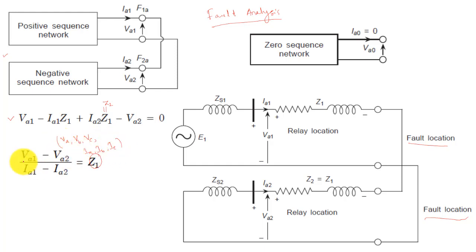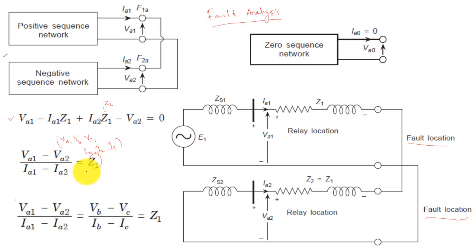VA1 is equal to 1 by 3 of VA plus a VB plus a square VC, simple. And VA2 is 1 by 3 of VA plus a square VB plus a VC. Already we have derived this during the fault analysis lecture, so you can go back and see.